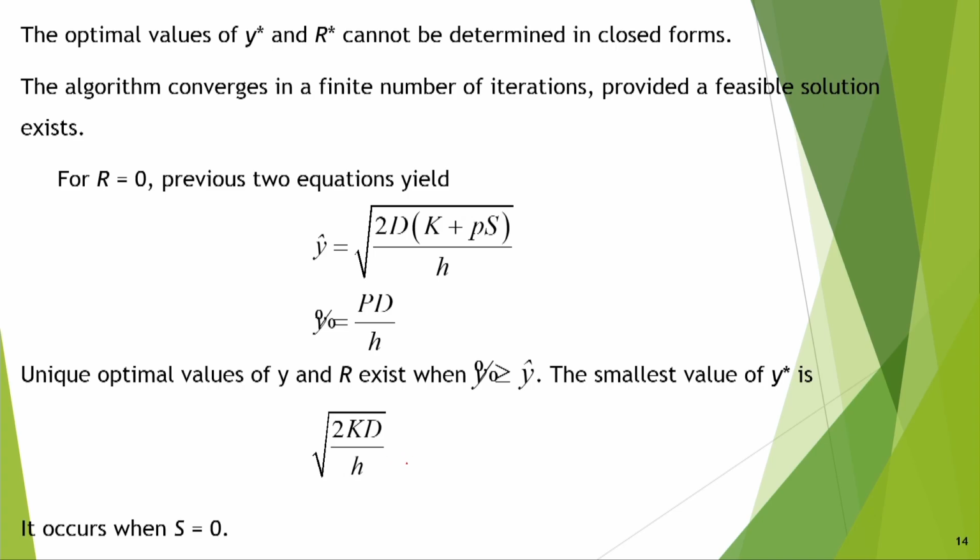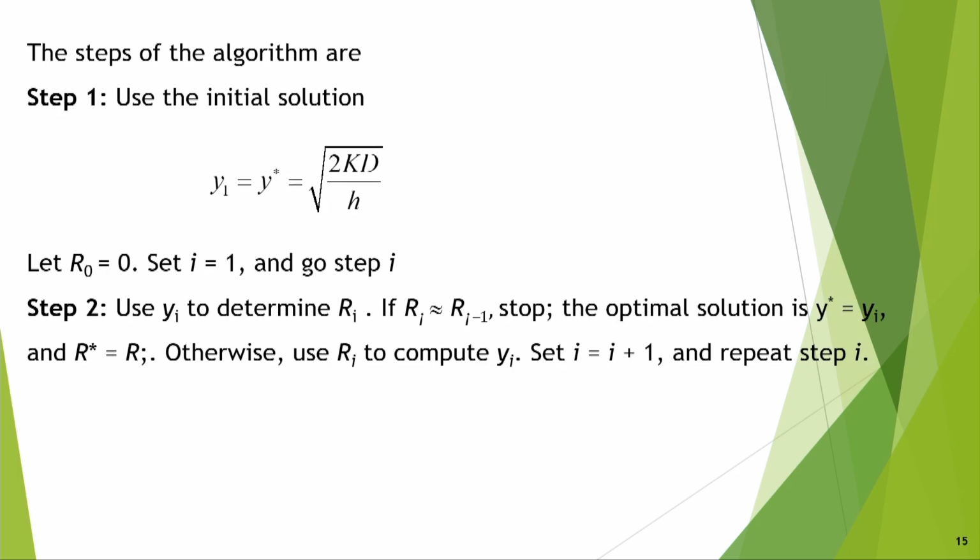It can also be shown that the unique optimal values of y and R exist if this quantity is more than this quantity. This can be mathematically derived, but I am not going into detail of that. The smallest value of y star is of course under root 2KD by h. It occurs when the shortage is 0.